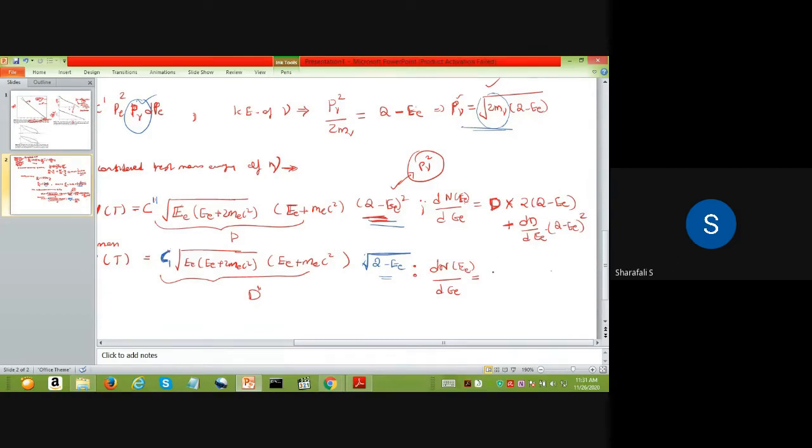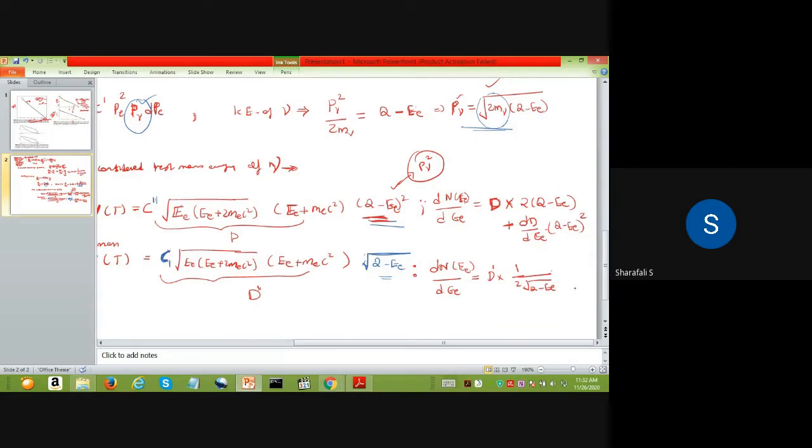So I have some function d dash here, which is multiplied with the differentiation of this. This will come 1 by 2 times (q minus E) raised to minus 1 by 2. If you take that derivative, it will come 1 by 2 times root of (q minus E). So there is no difference.